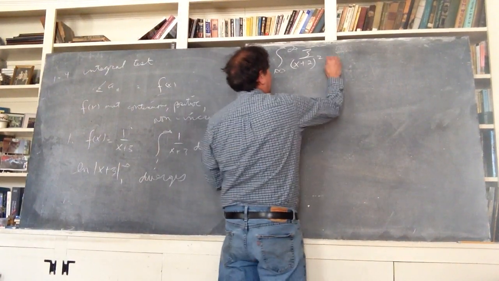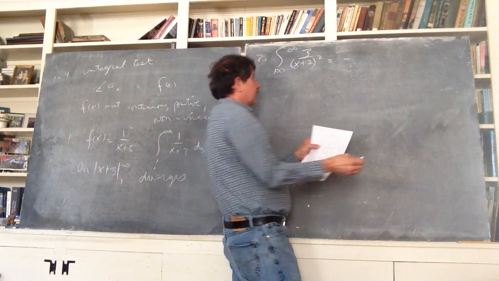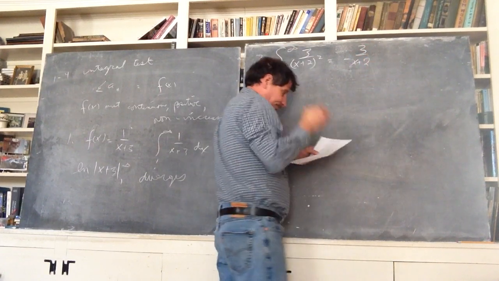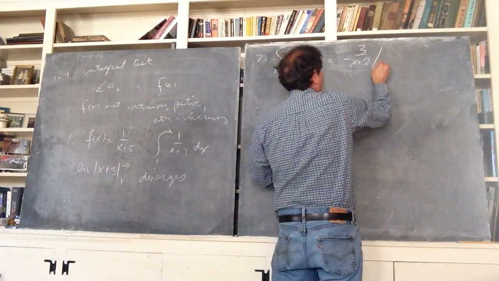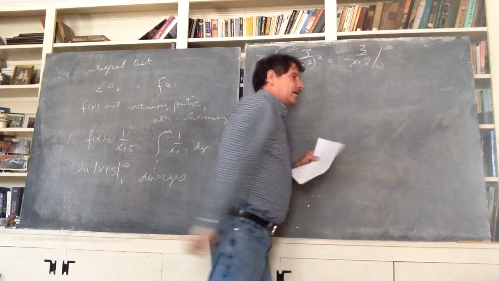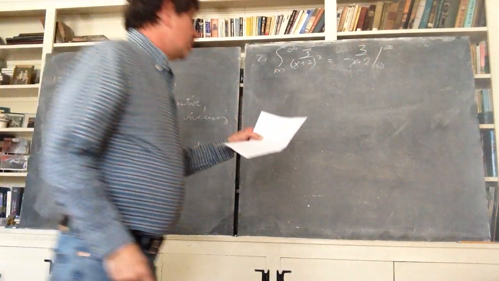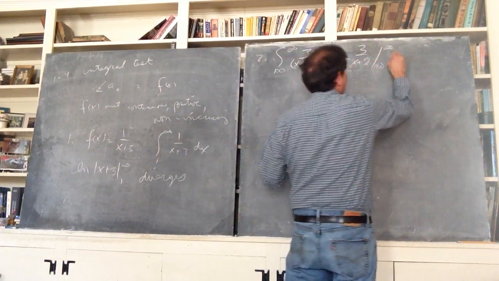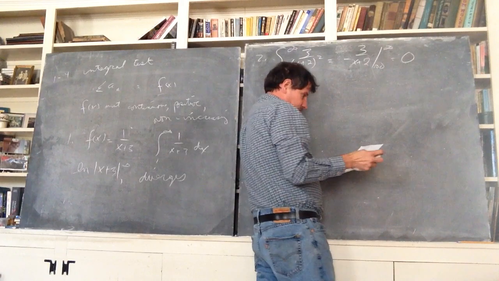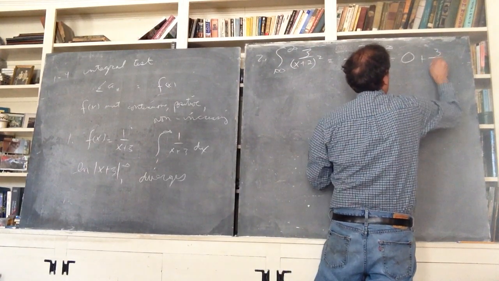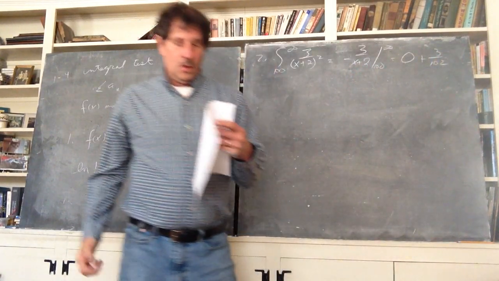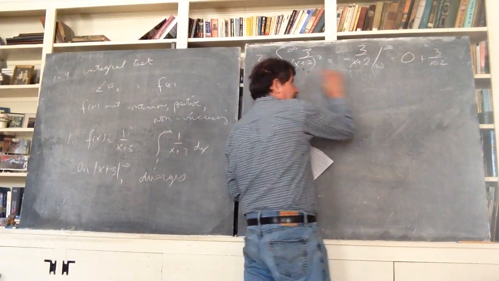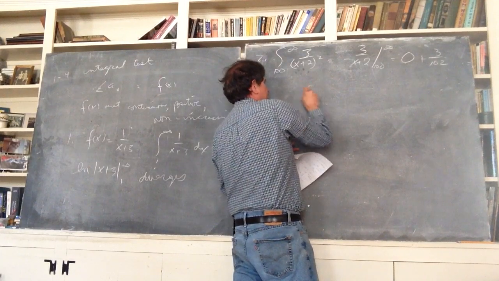And so we integrate that, and you get negative 3 over x plus 2 to the first, going from 100 to infinity. Notice when you put infinity in, you get 0, plus 3 over 102. Well, that's good. If this limit exists, this series converges.